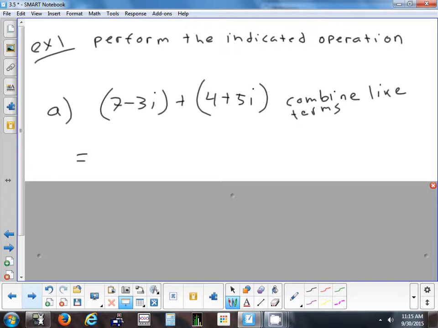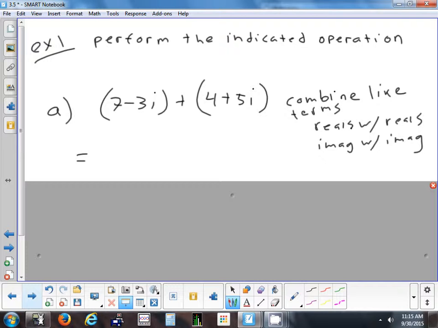You can combine reals with reals, and then you can combine imaginaries with imaginaries. Don't try to take something like 2 plus 3i and simplify it any more than that. You can't. I could do 2i plus 3i, or I could do 2 plus 3, but you can't combine reals and imaginaries.